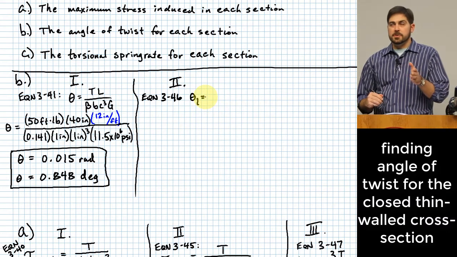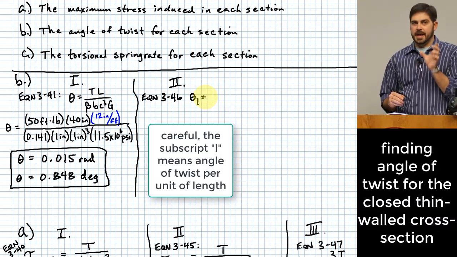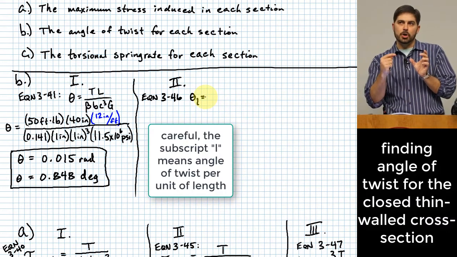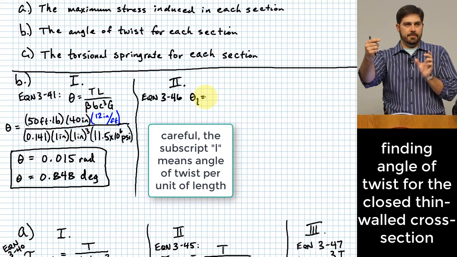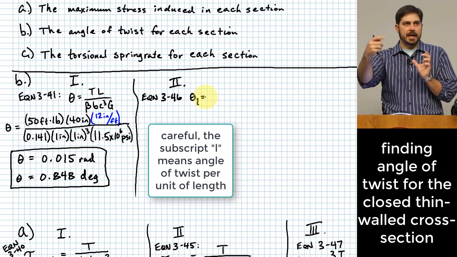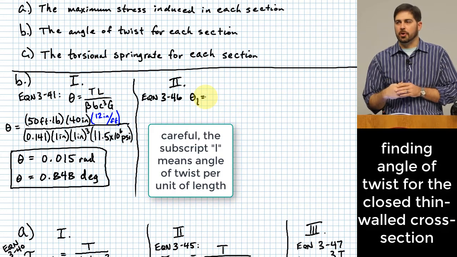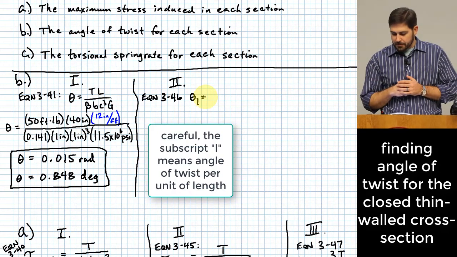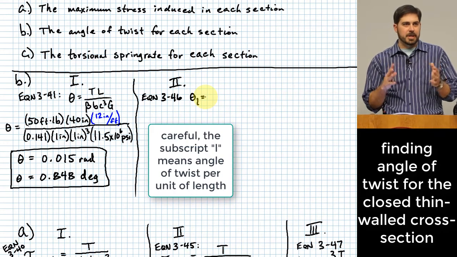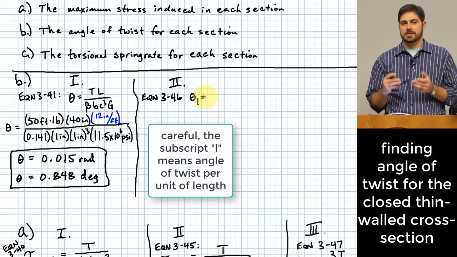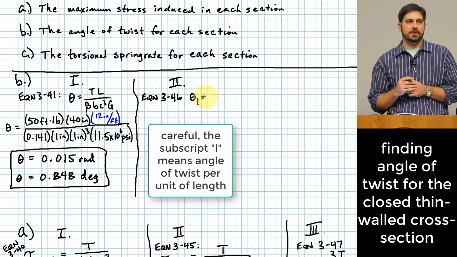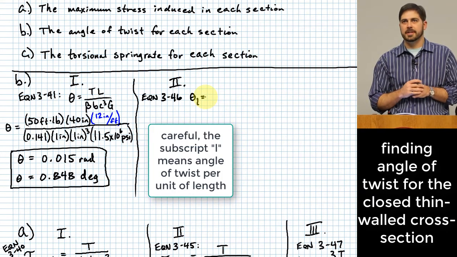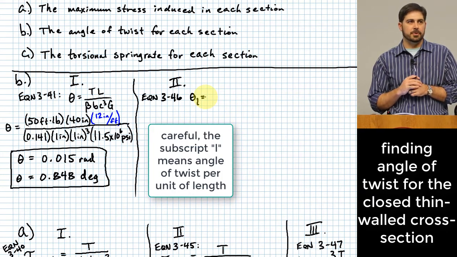What they mean when they use theta sub L, this is actually an angle of twist per unit of length. So you've got to be careful when you see that and don't interpret it as an overall angle of twist. As a matter of fact, if you're really careful with keeping up with all of your units, you would notice that it couldn't be just an angle of twist because it winds up with this extra length unit included in it.